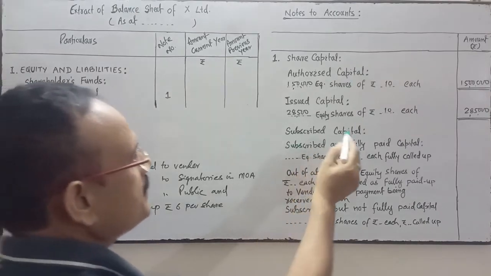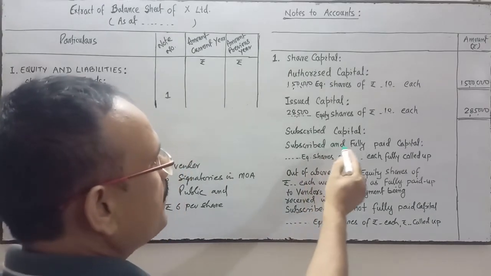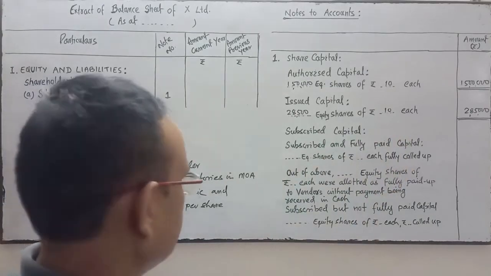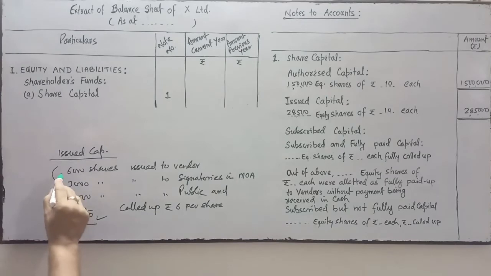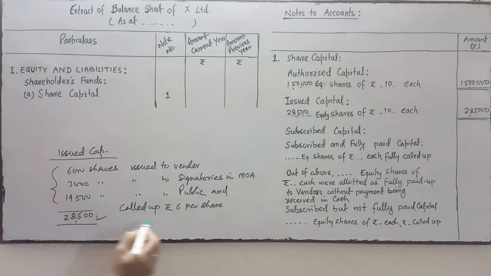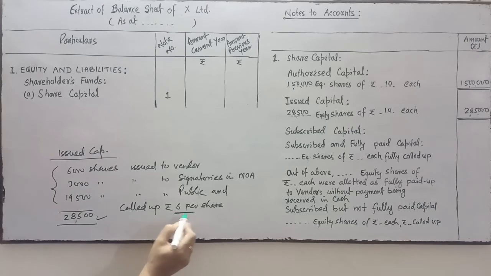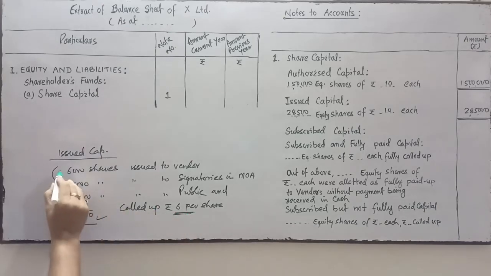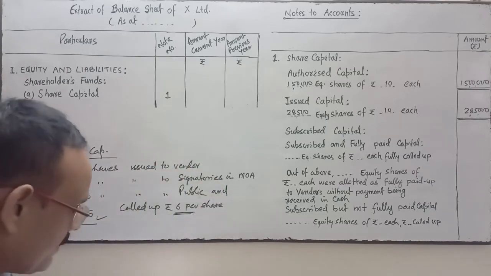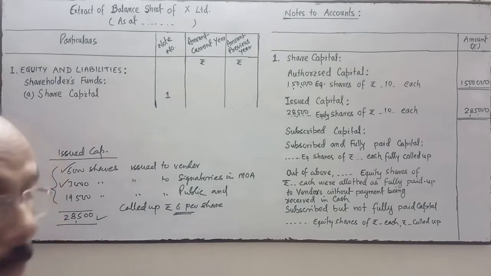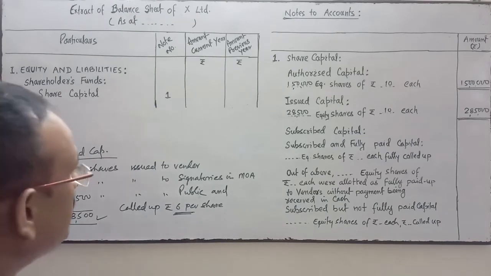Now coming to the subscribed capital, subscribed and fully paid capital. These two are subscribed and fully paid. Here only 6 rupees has been called. Out of this, the 6,000 and 3,000 shares issued to the vendor and to the signatories are written as fully paid.